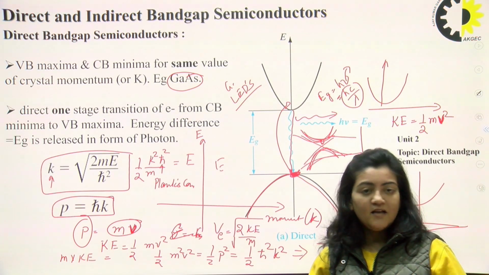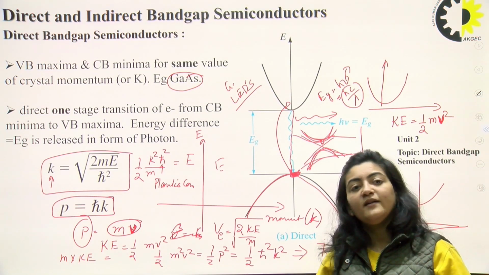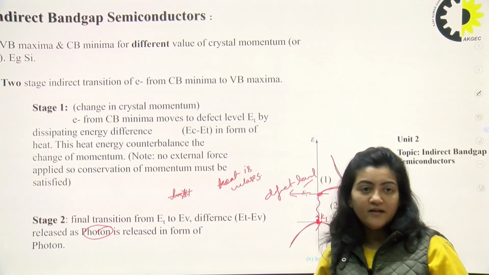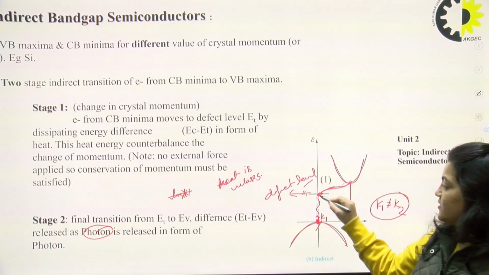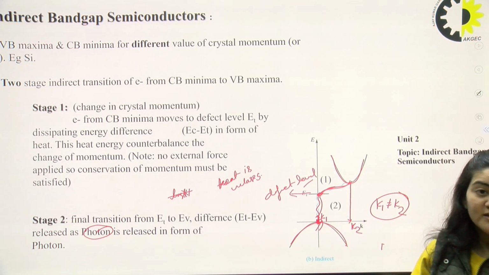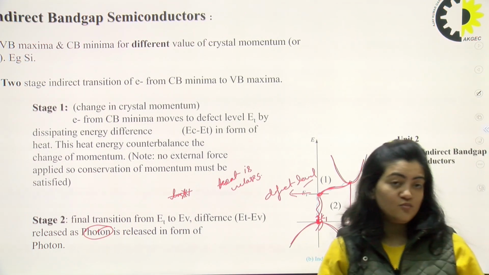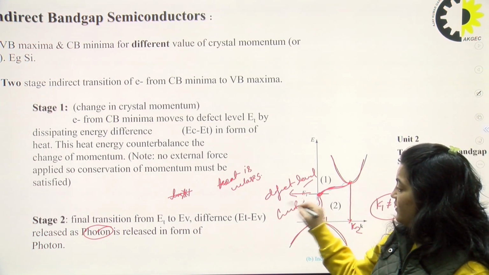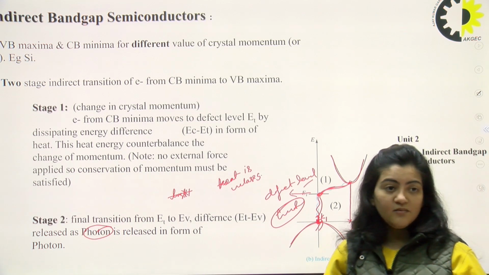So energy is released, and most of the energy is given out as photons. But in the indirect band gap, there are two transitions, so the energy released is more, but it is given out in the form of heat, the thermal agitations.